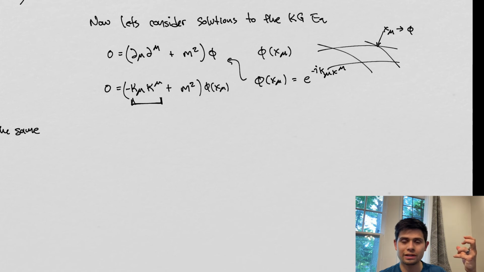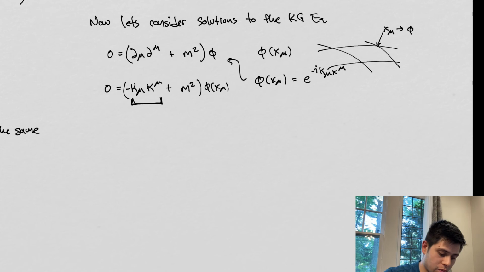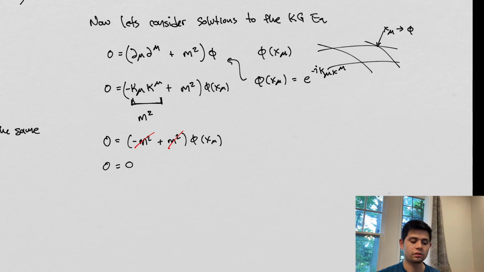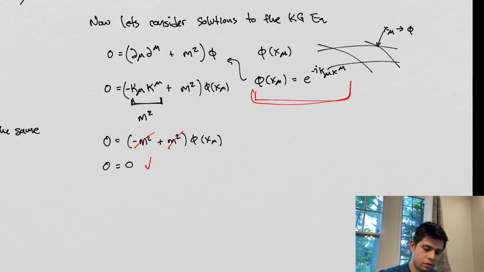When we concatenate a vector with a covector, we get a number, and the number we're proposing we get here is m squared. So we get 0 equals minus m squared plus m squared, times phi of x mu. Well, that's 0, because these are opposites of each other. So we get 0 times phi, 0 equals 0. That means that this form is a good solution to our Klein-Gordon equation.